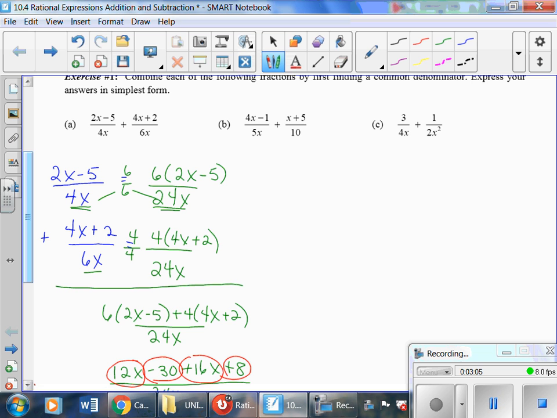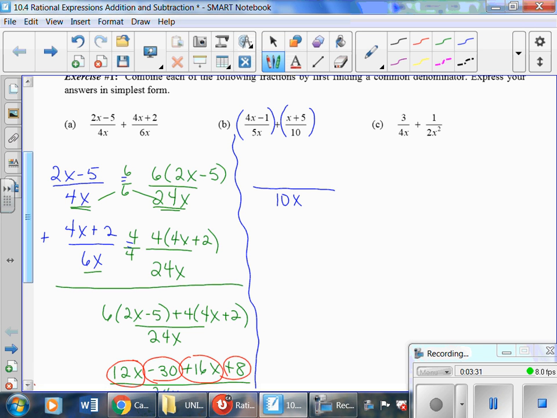So let's take a look at B and set it up a different way. Here's B. So we have 4x minus 1 over 5x plus x plus 5 over 10. So what I'm going to do here is find my common denominator. And the common denominator here is going to be 10x.